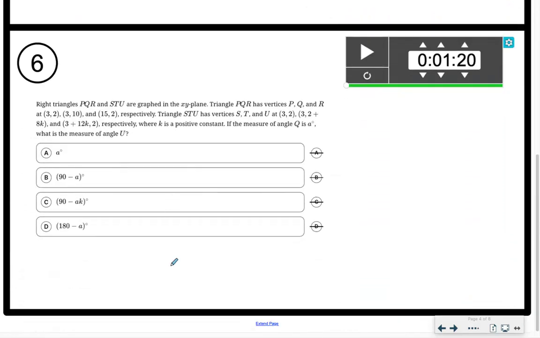All right, on to number six. So we have two triangles that are graphed. All right, I am going to just try to sketch this out loosely.